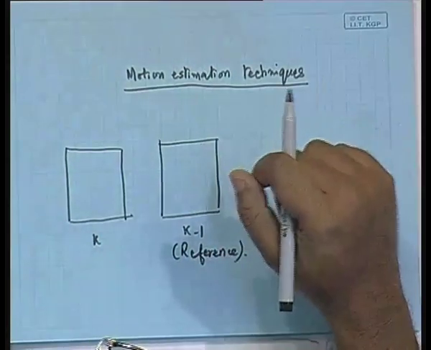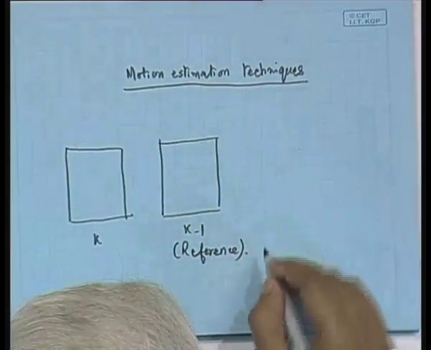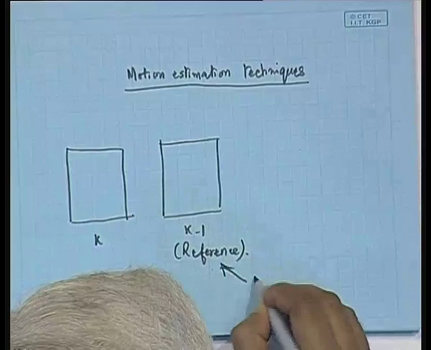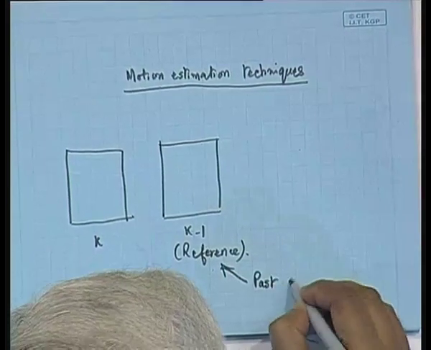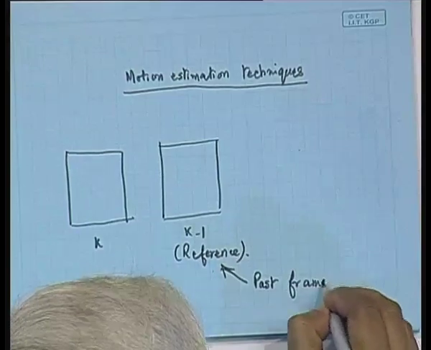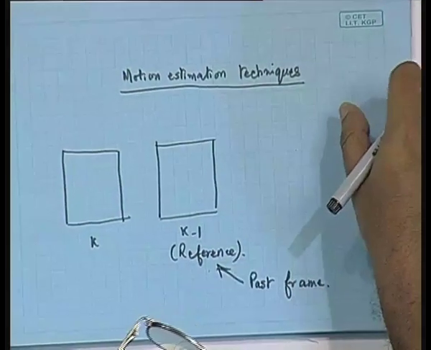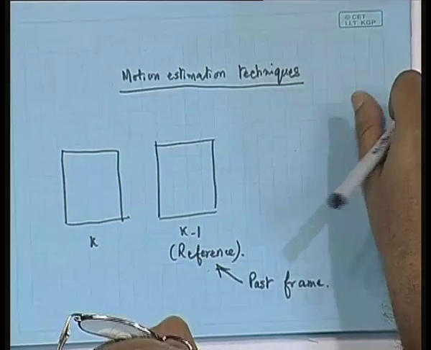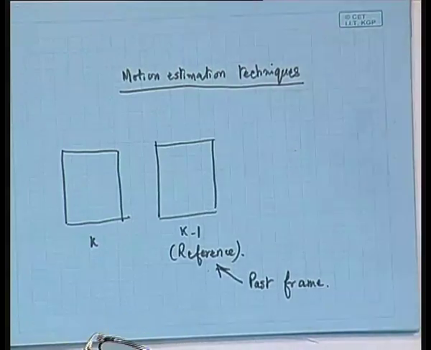So, basically what we are using as a reference is a past frame, and on the basis of the past frame, we are predicting what the future is.